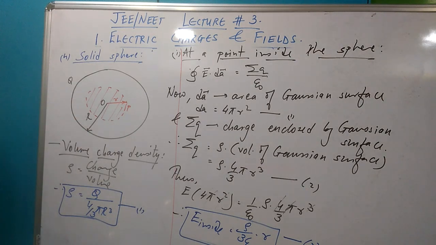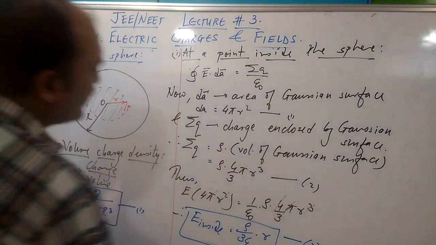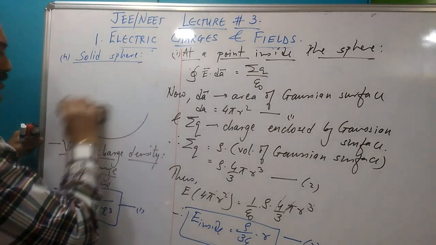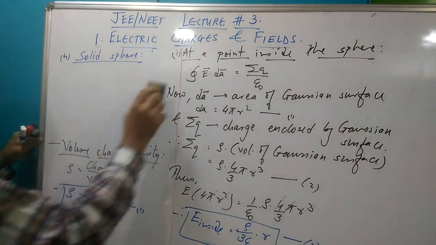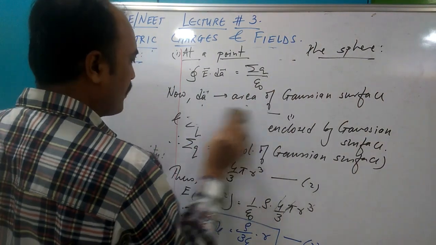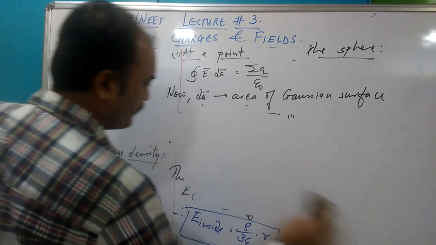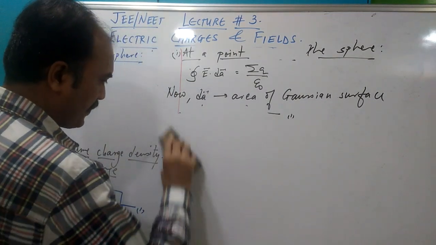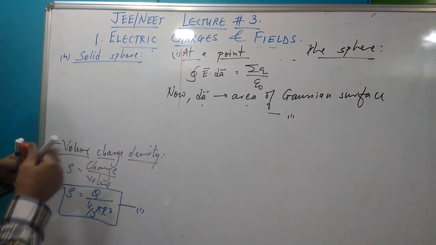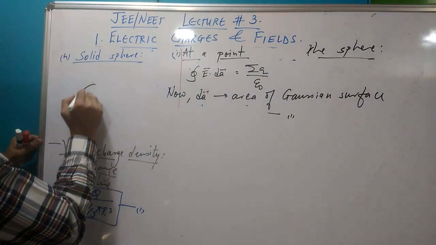I'm going to use the same idea for a point outside the sphere, and I will need to draw a new diagram for a point outside, but I'll keep the same. At a point outside, I am not going to change the basic structure here.